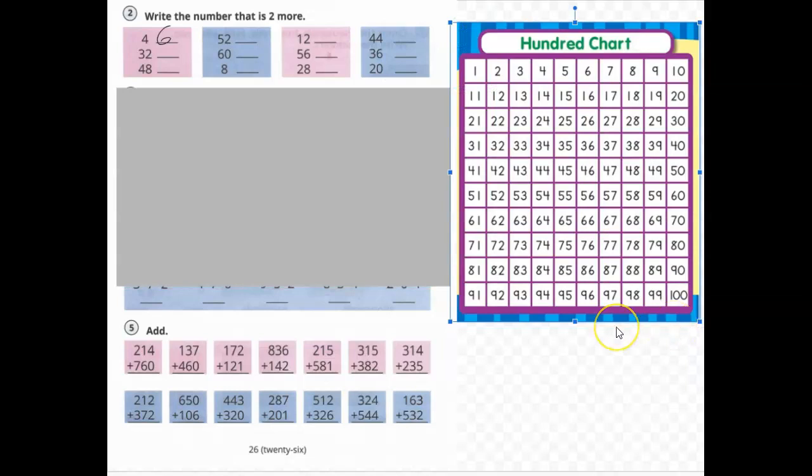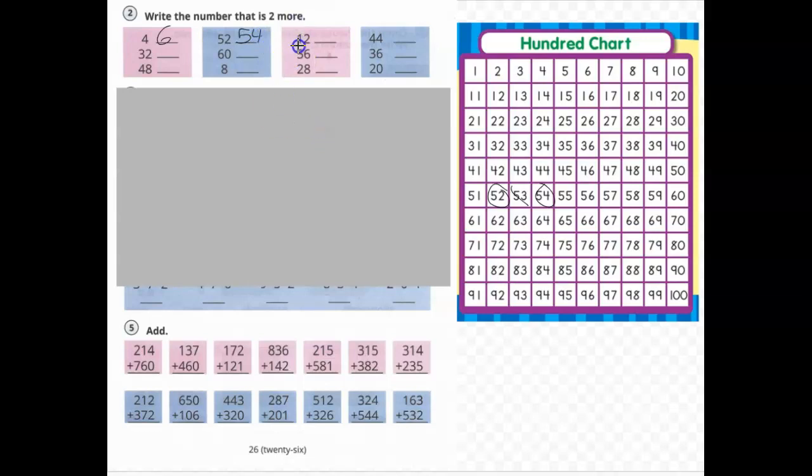And I know that on my hundreds chart, when I'm counting by twos, I say the number, skip a number, and I write a number. So 52, so I say 52, I skip 53, I write 54. That's counting by twos. 54.